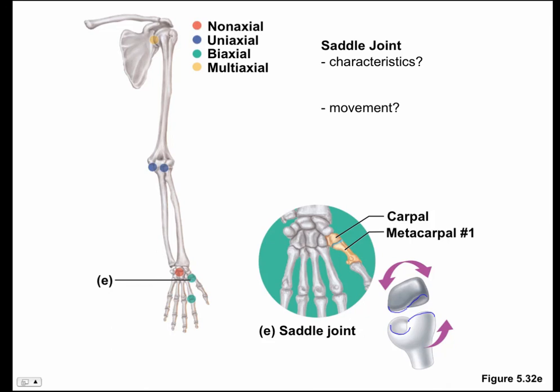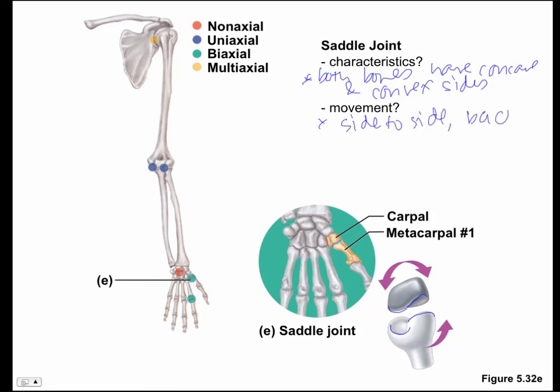And so let's see, characteristics. Both bones have concave and convex sides. Movement: side to side, back and forth, but no rotation around an axis.